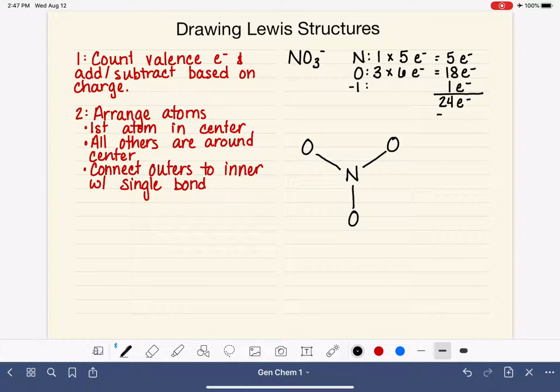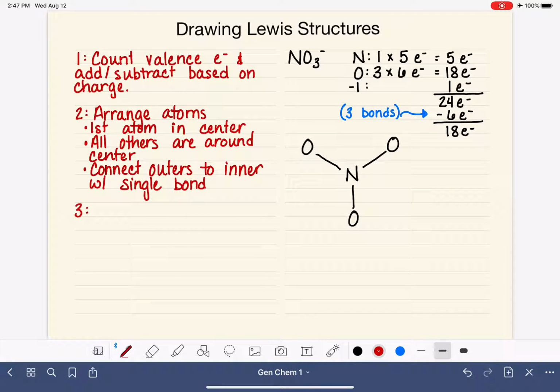So that means that we have used 6 of our available 24 electrons, and we have 18 electrons remaining. And let's just put a note here that these 6 electrons came from 3 single bonds, each with 2 electrons.